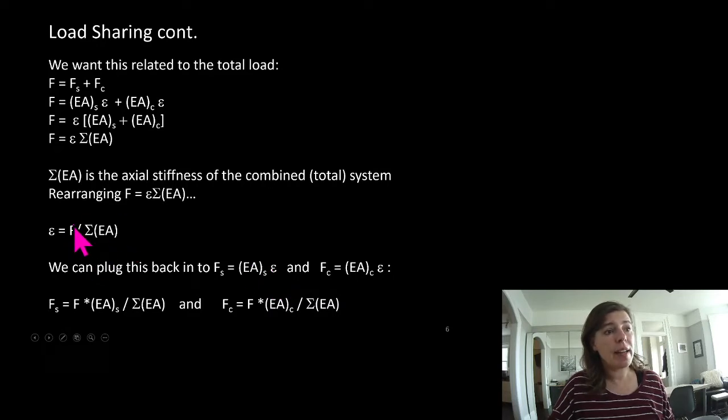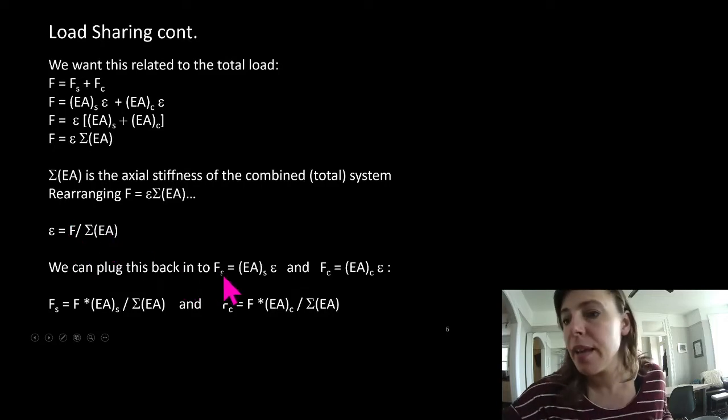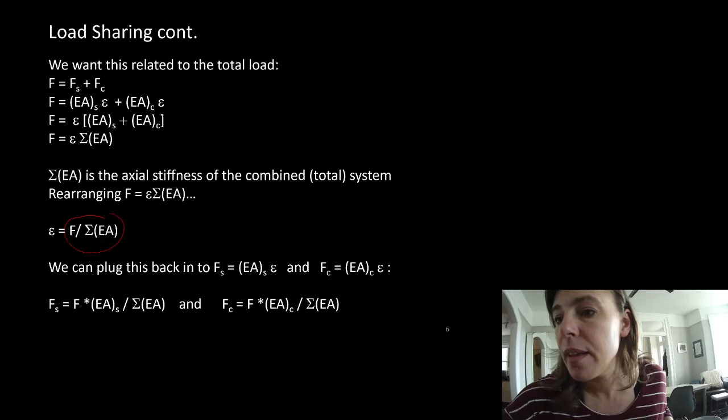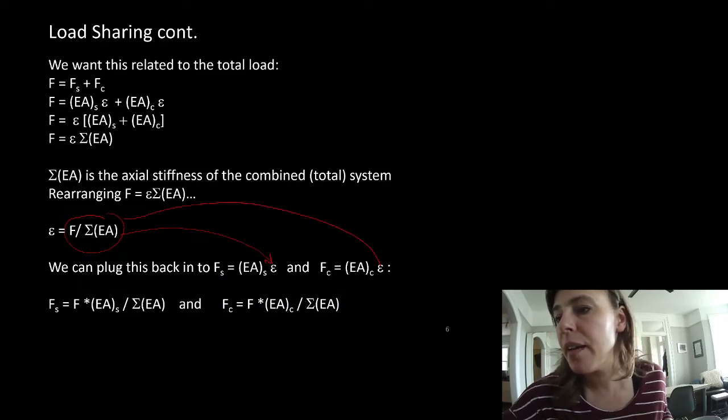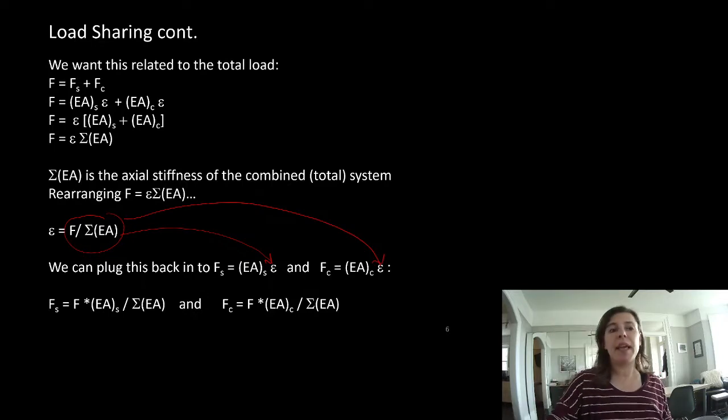Well, if our strain is our total force divided by the total EA, we're taking this and plugging it in here, and we're plugging it in here. The force in the steel is the total force times the EA of steel divided by the total EA. The force in the concrete is the total force times the EA of the concrete divided by the total EA.